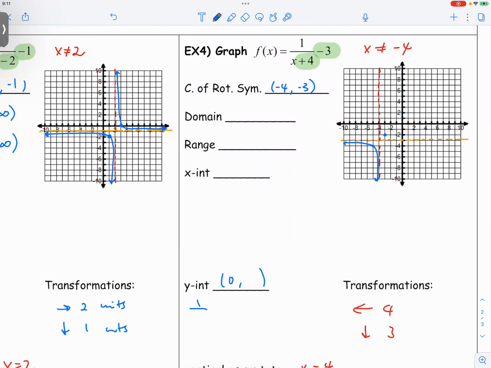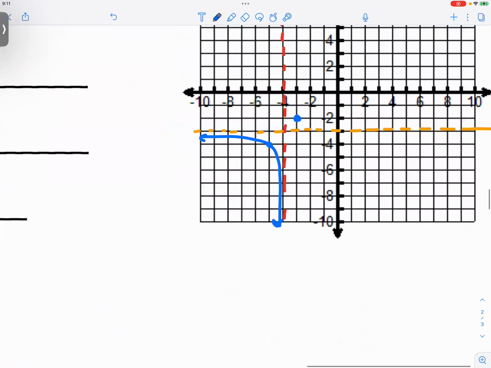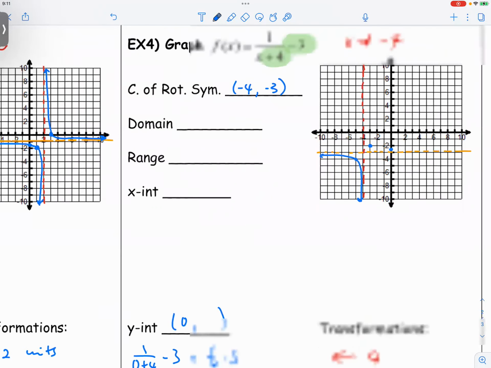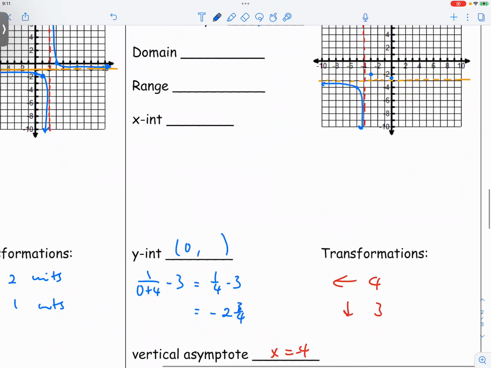So you have 1 over 0 plus 4 minus 3, which is 1/4 minus 3, and that would be -2 3/4. So -2 3/4. So somewhere like right here, anywhere close to it, I would take it.